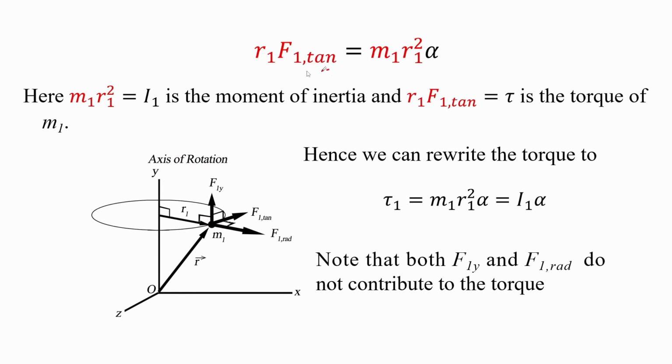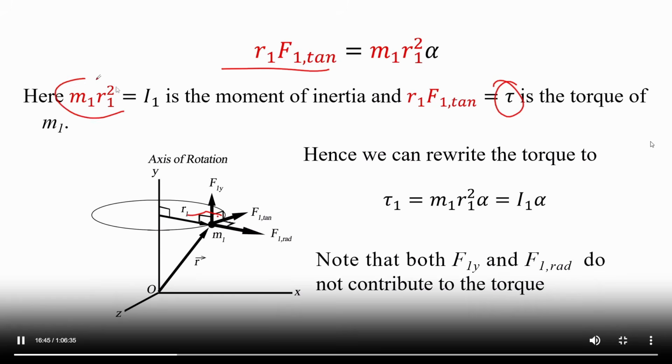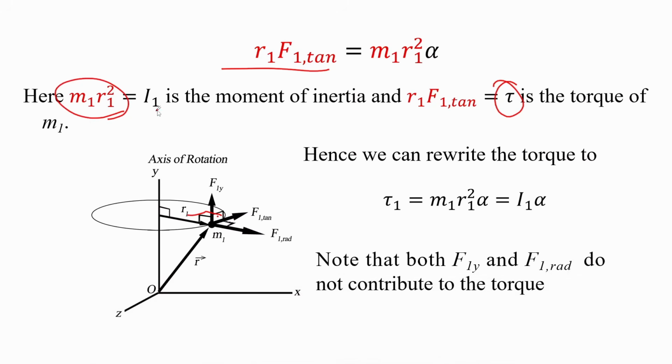So R1 F1 tangential, we know this to be the torque, wherein the angle between R1 and F1 is 90 degrees. And as you can see, indeed, their relationship is 90 degrees. So this holds. And M1 R1 squared, from the previous topic, refers to the moment of inertia.